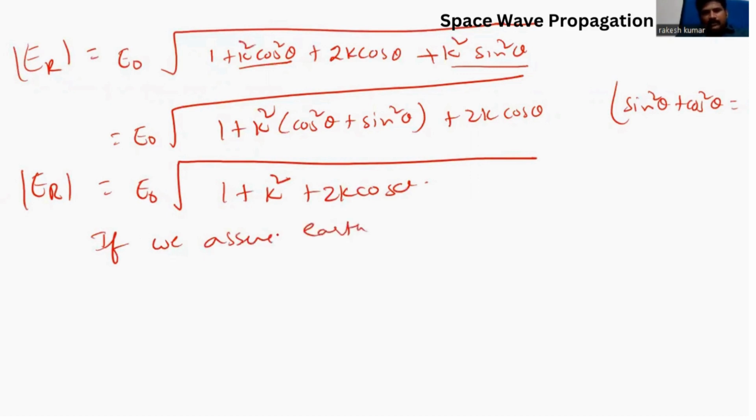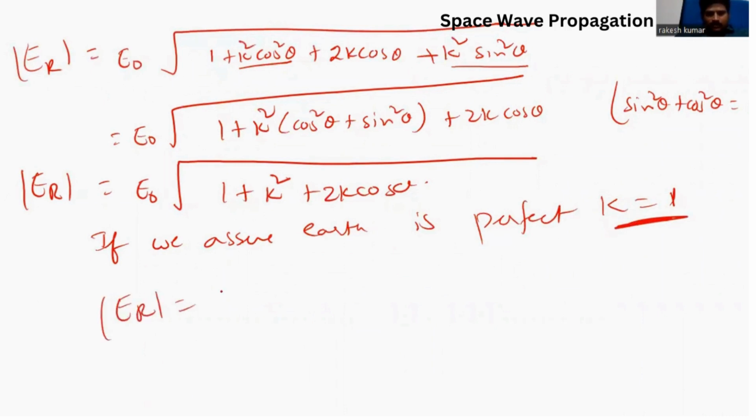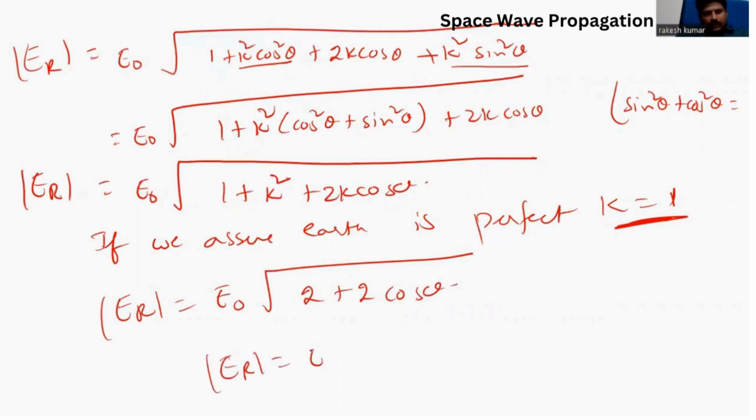If we assume that the earth is perfect, then K is equal to 1. Therefore, mod ER is equal to E naught into root of 1 plus 1, we get 2, plus 2 cos theta. Root of 2 plus 2 cos theta can be written as 2 cos square theta by 2 minus 1.